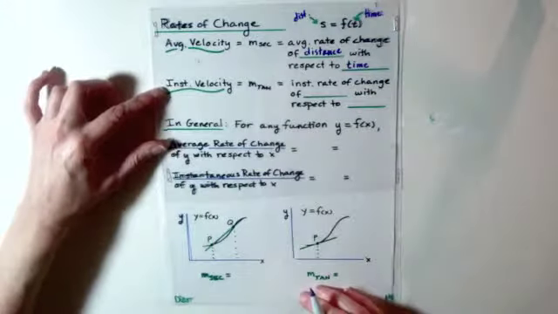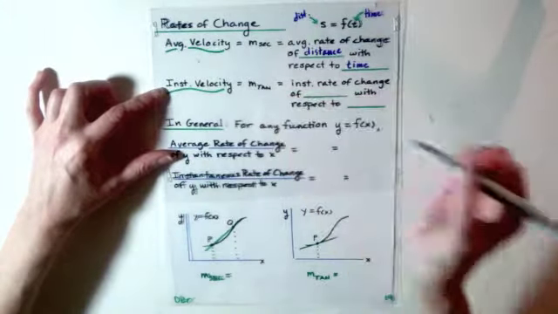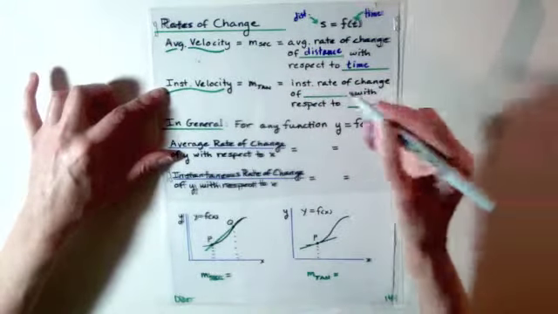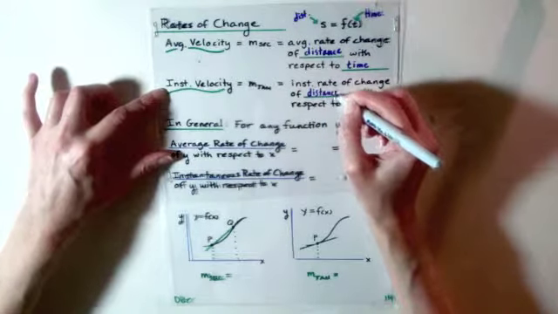And in a similar way, the instantaneous velocity was also the slope of a line, but it was the slope of the tangent line, and it was just the instantaneous rate of change of distance with respect to time.